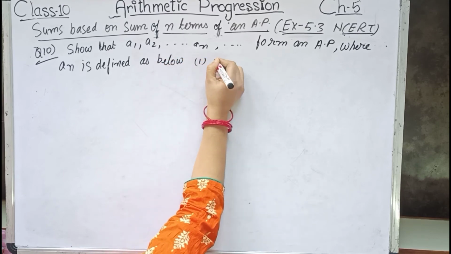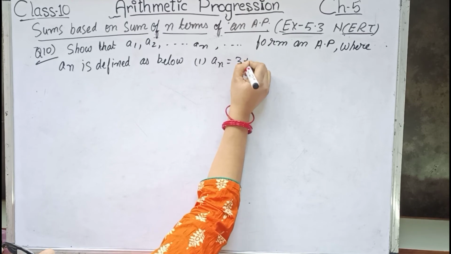In part 1, it is given as An equals 3 plus 4n.